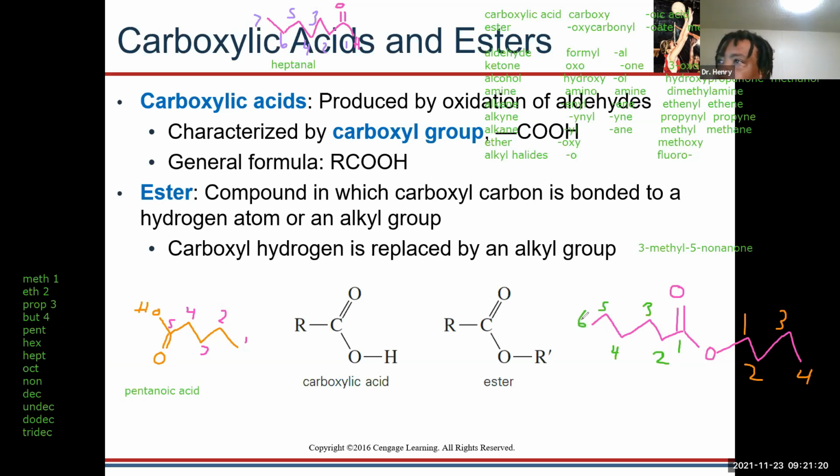The side that has the double bond and that carbon is going to get the -oate part of it. So the other guy is going to be called, we have 1, 2, 3, 4. So that would be butyl.